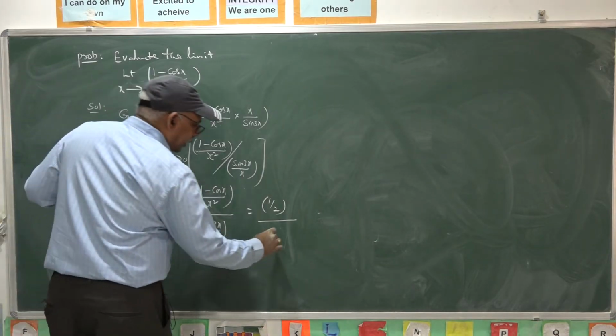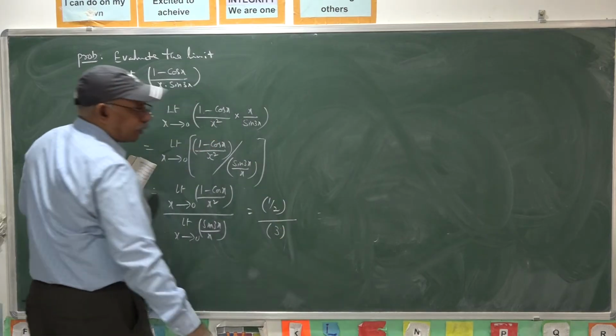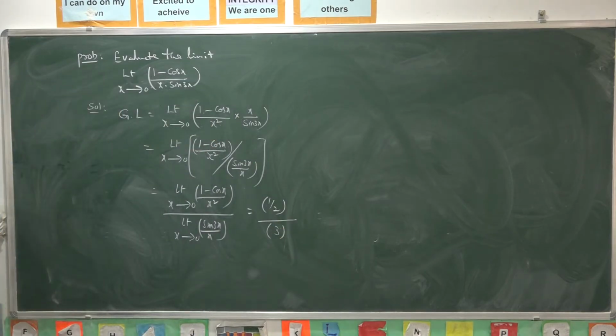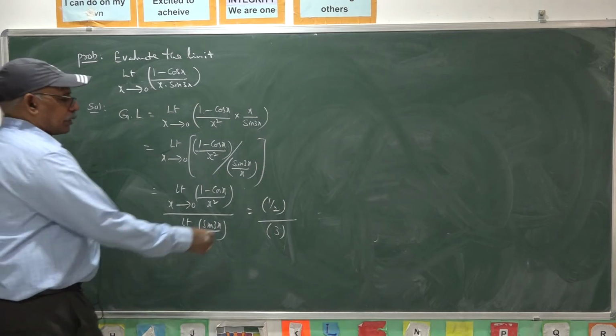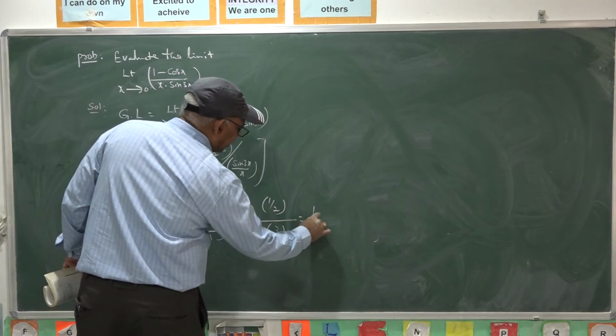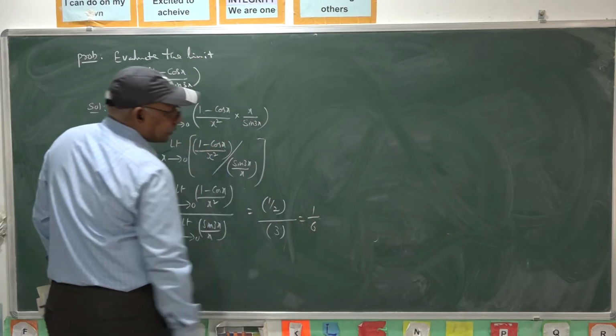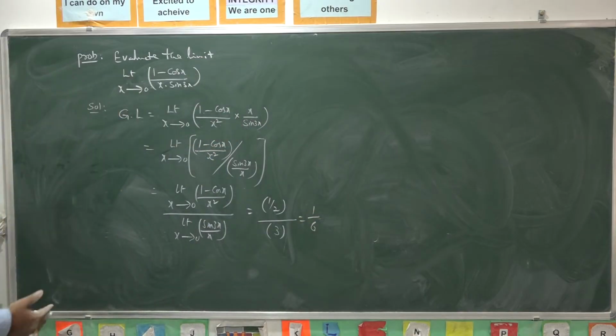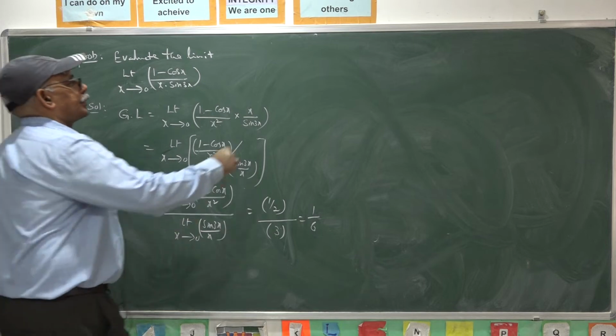Hence, it is 3. So, the numerator's limit is 1 by 2, the denominator's limit is 3. The required limit is 1 by 6. In such a way, you have to apply the given formulas to evaluate the limits of trigonometric functions.